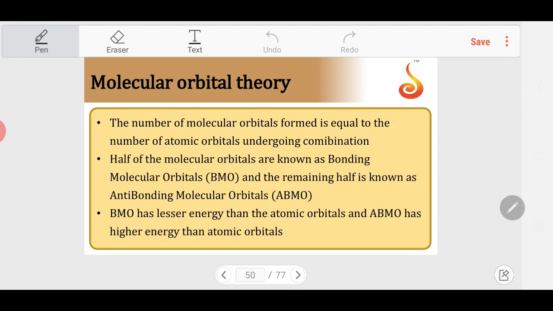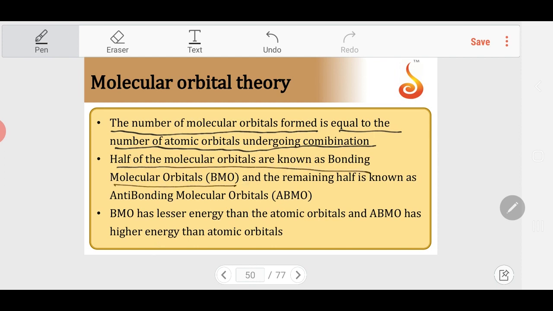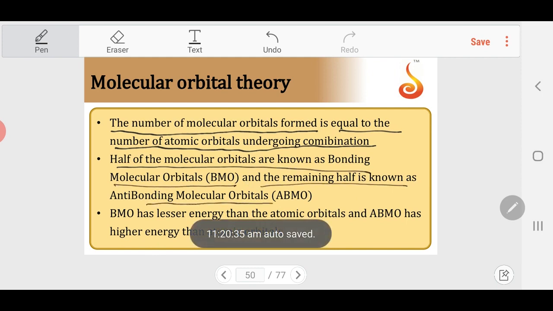When atomic orbitals combine, the number of molecular orbitals formed is always equal to the number of atomic orbitals undergoing combination. Out of the molecular orbitals formed, half are called bonding molecular orbitals, that is BMO, and the remaining half are known as anti-bonding molecular orbitals, called ABMO.